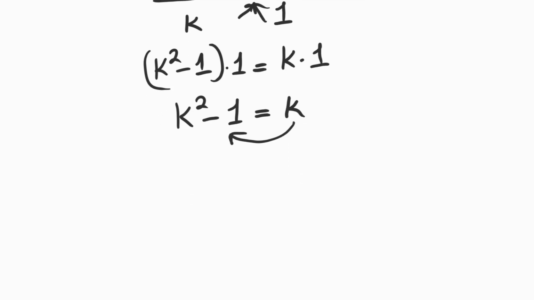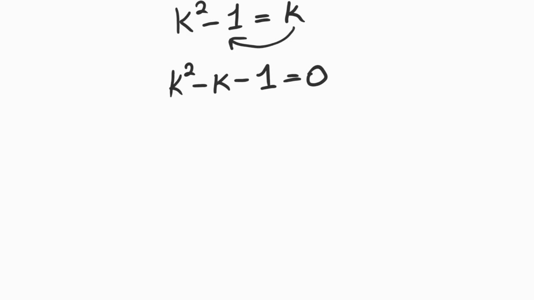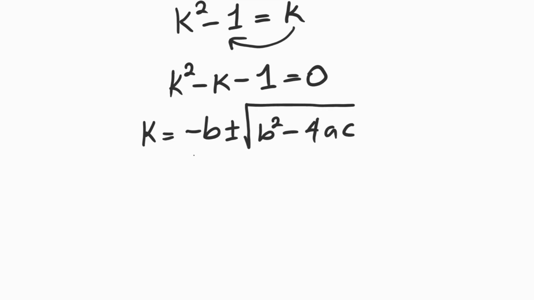Now if we move this k to the left hand side, we have k squared minus k minus 1 is equal to 0. So now let us find the value of k. To find the value of k, we are going to employ the quadratic equation formula, which states that k is equal to minus b plus or minus the square root of b squared minus 4ac divided by 2a.